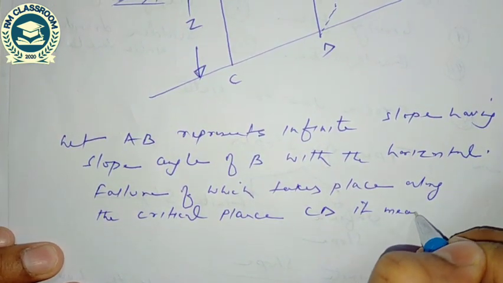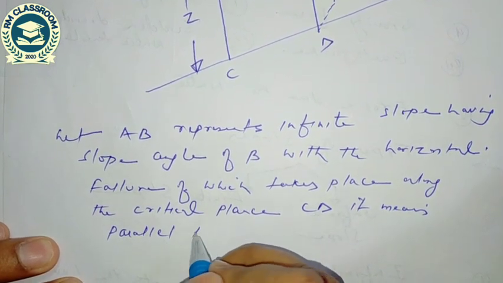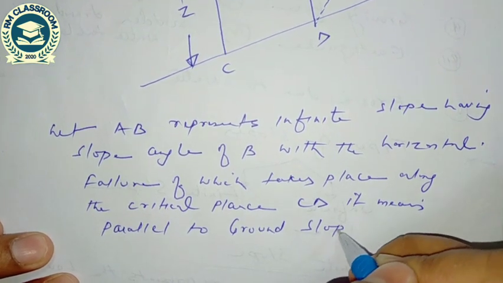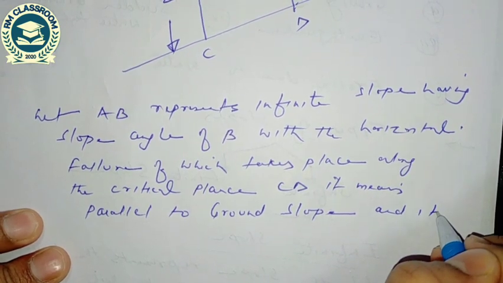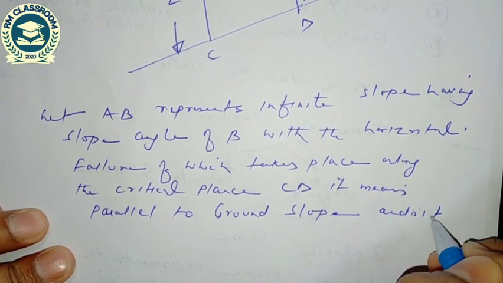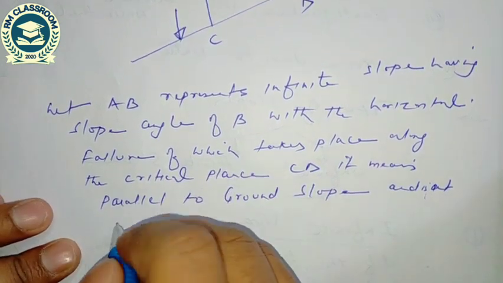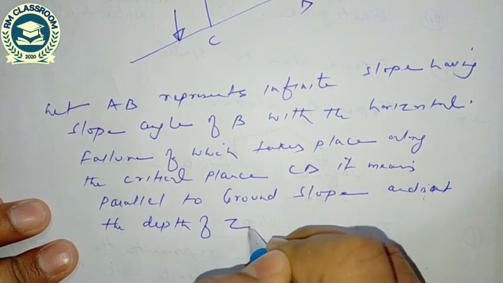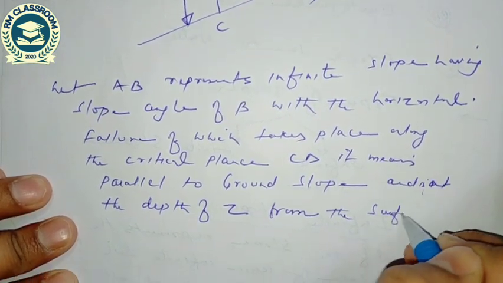It means parallel to ground slope, and is at the depth of Z from the surface.